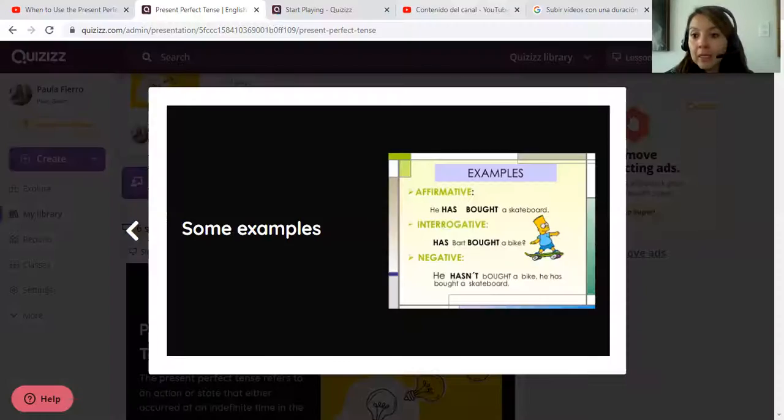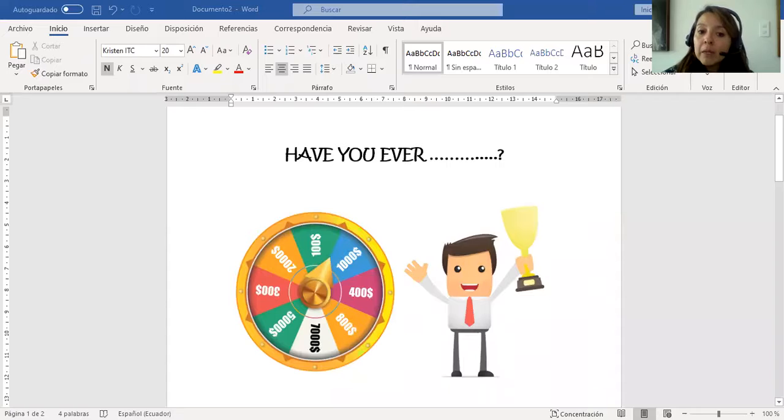This is the asking wheel, but instead of having money as rewards, they can only add points and they can start playing. It could be made as a handcraft, so they're going to be motivated and interested in doing something nice to share with their partners and to play, because here the idea is to use the language to play and to learn from that experience.